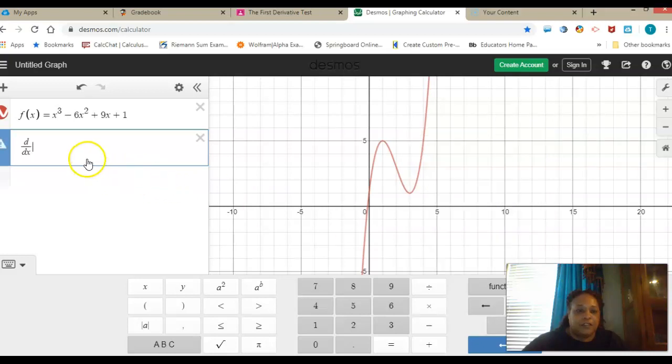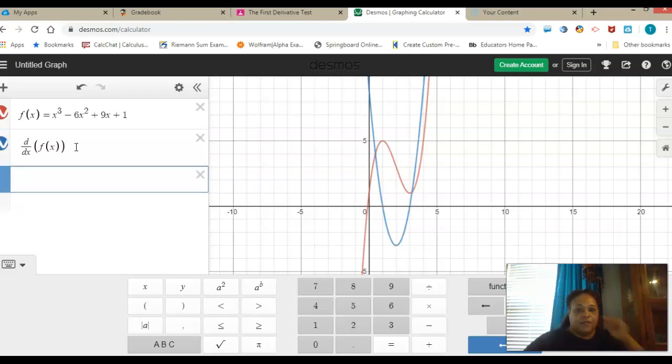I'm just going to tell it to find the derivative of f of x. As you can see, if the first equation was a cubic, then the second equation has to be some kind of squared equation.